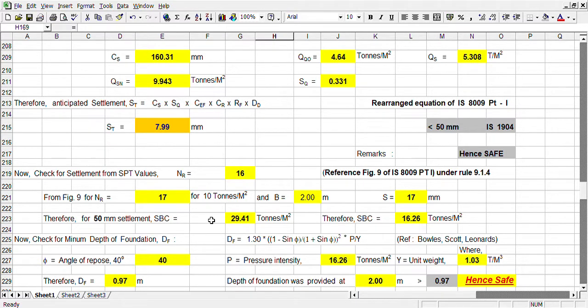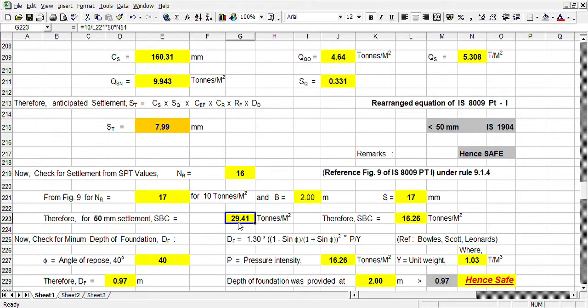The safe bearing capacity for unit pressure should be determined according to the required settlement. Our permissible settlement is 50. So if our settlement is 17 as per curve and our permissible settlement is 50, we got the SBC.